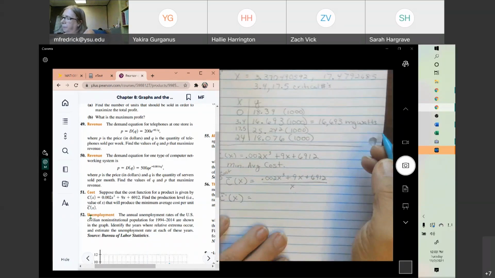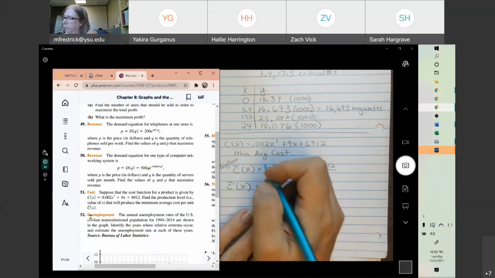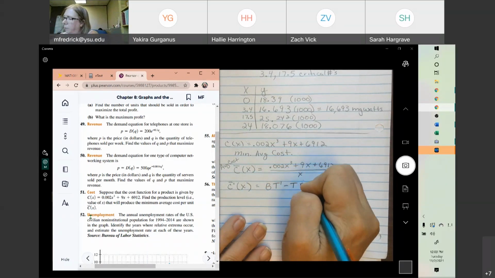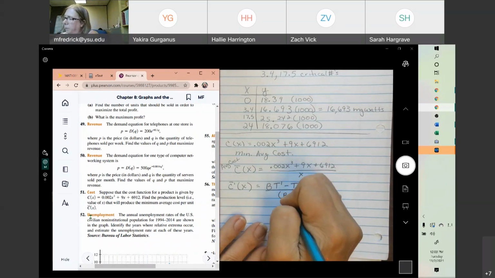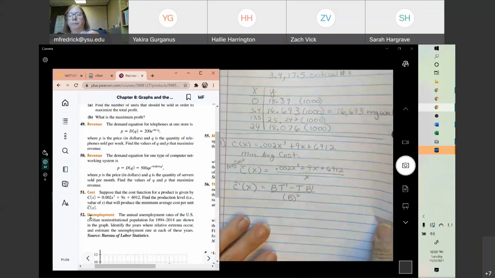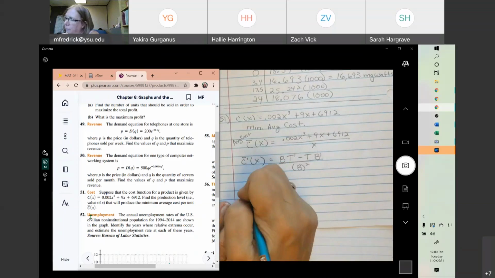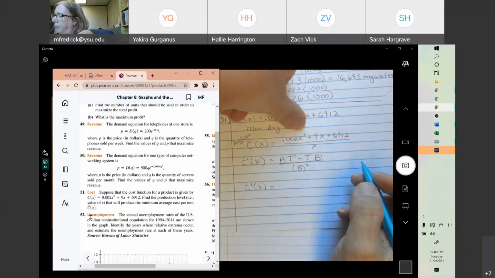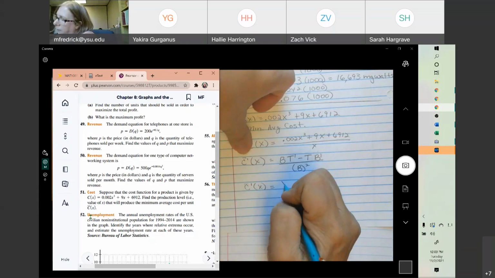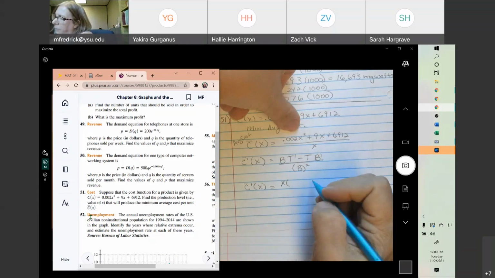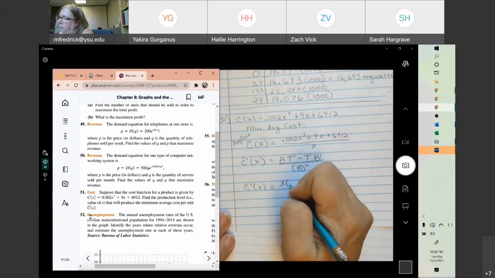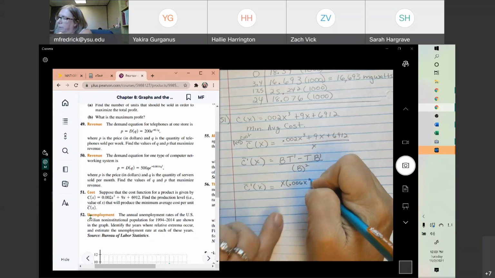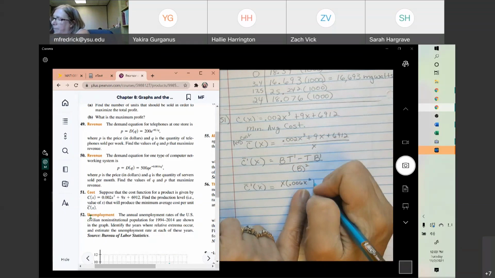So to find the critical numbers, we need to take the derivative. Remember, I'll just write it here: bottom times the derivative of the top minus the top times the derivative of the bottom, all over the bottom squared. Bottom, just x, times the derivative of the top. 3 times this is 0.006x squared plus 9.